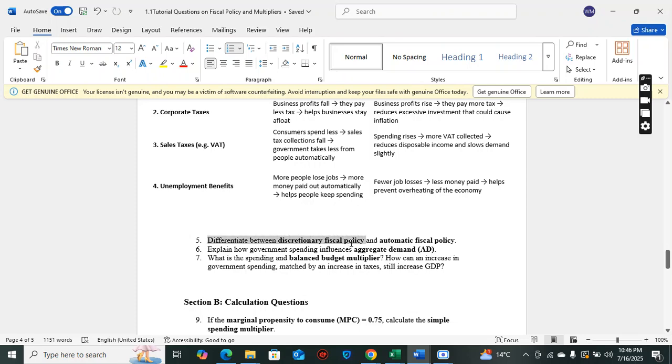Differentiate between discretionary fiscal policy and automatic fiscal policy.